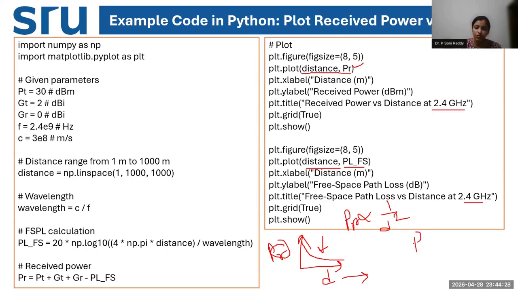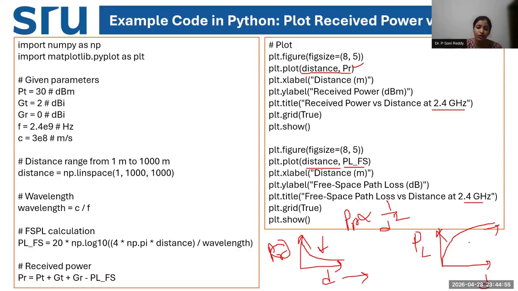Similarly, for path loss, you will have path loss on the y-axis and distance on the x-axis. You'll find that path loss is minimum when the distance is 0, and path loss increases as you go on increasing the distance. So this is a reverse curve for path loss. If you see, receive power is exponentially decreasing, path loss is exponentially increasing, but at the end it would saturate to some value.